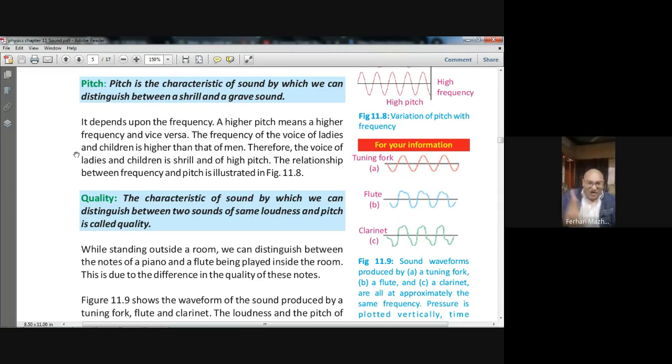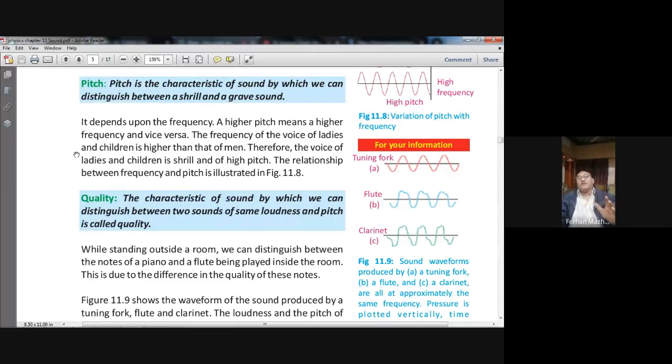If you make it even faster, the frequency of the vibration of that scale will become larger and the sound will become shriller. The more the frequency of the vibrating body, the shriller is its sound. If the frequency of the vibrating body is smaller, the sound will be grave.